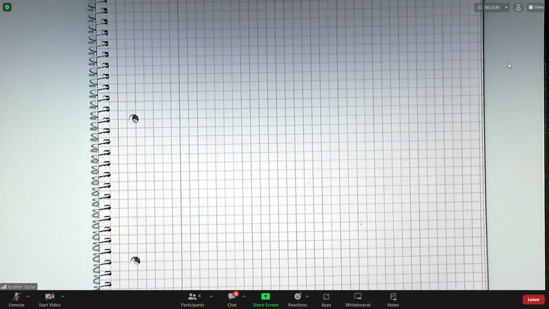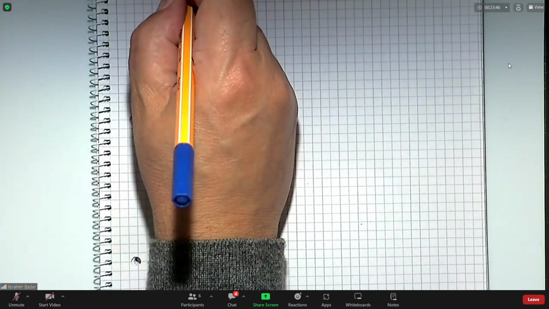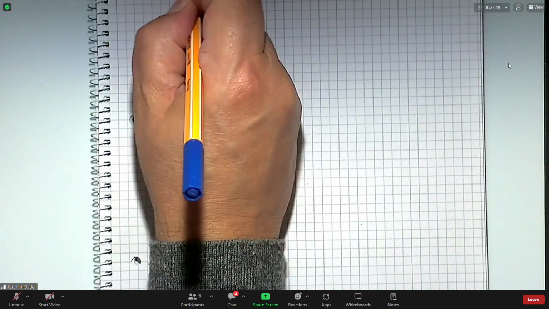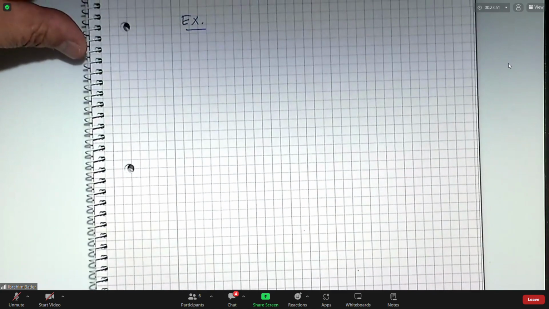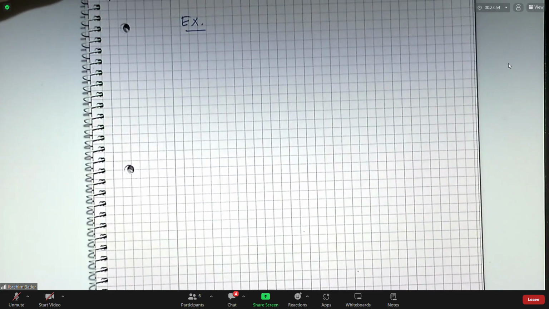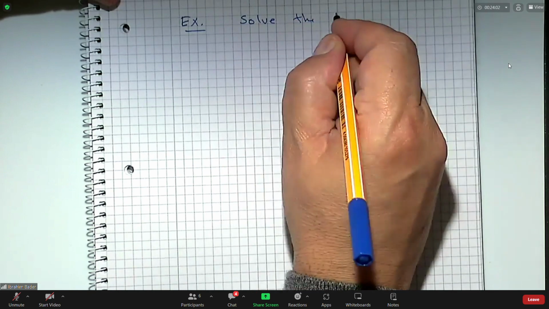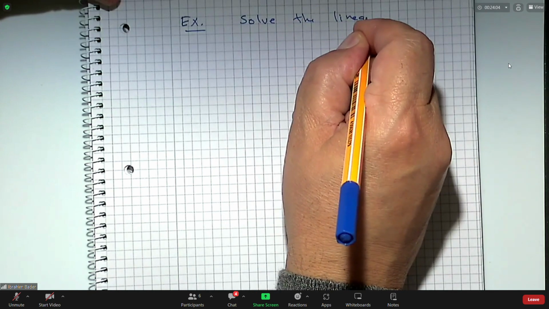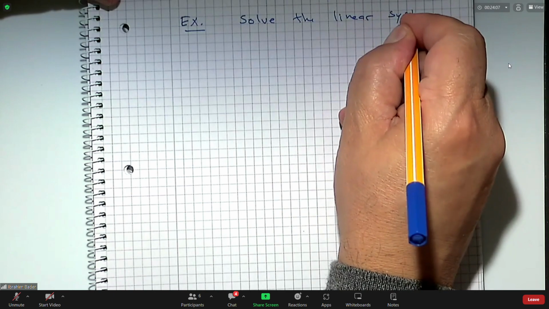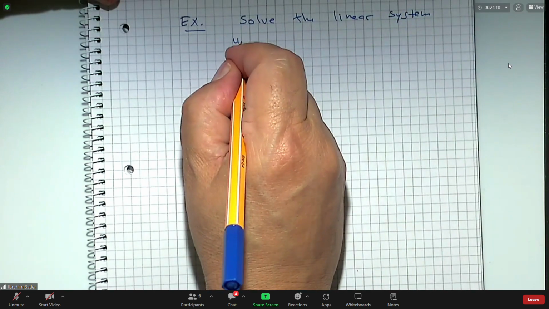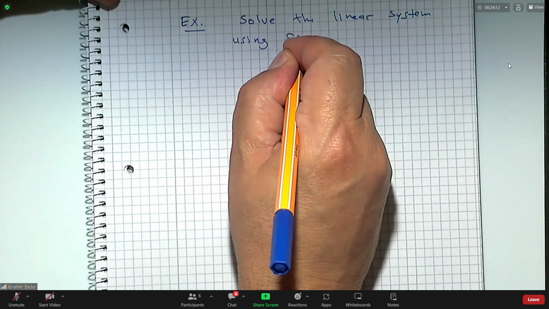Now let's turn to an example and see how to solve a particular linear system using this method. So let me just give you the example first. This example is a three variable system, and it says here: solve the linear system using Cramer's method.